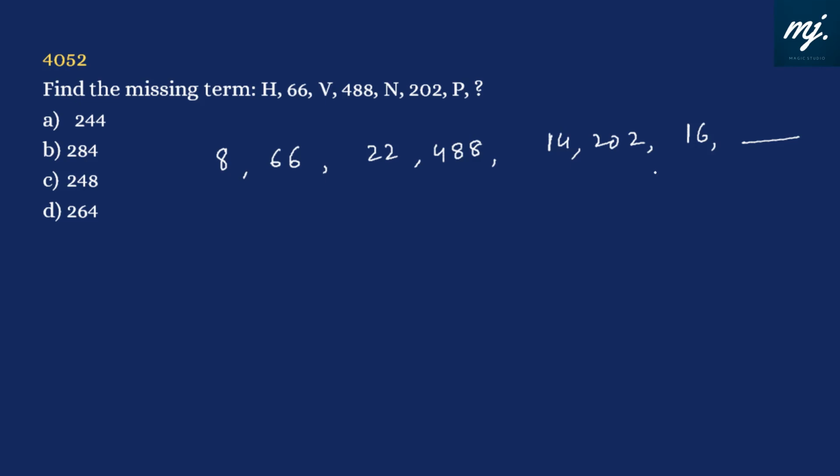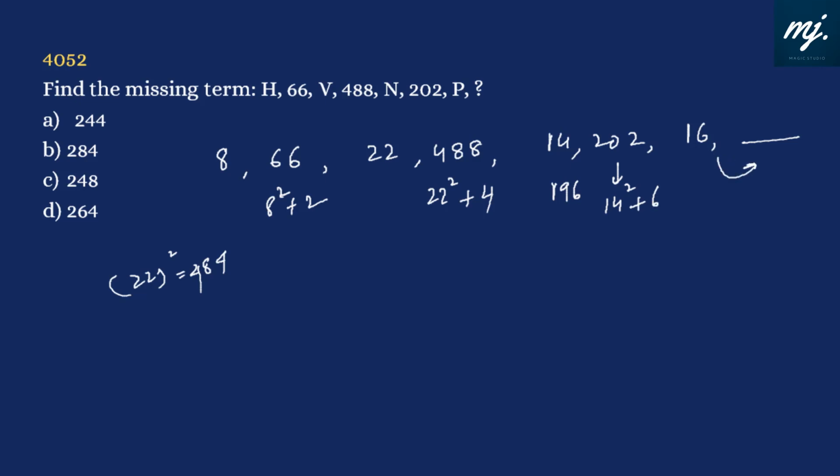Let's see what should come next. 8 squared plus 2 fits in, that is 64 plus 2. 22 squared is 484, but it is 488, so this is 22 squared plus 4. 14 squared is 196, but it is plus 6, so this is 14 squared plus 6.